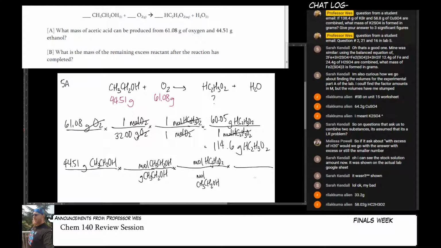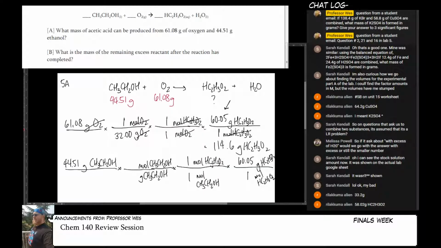And we'll turn that moles into grams of acetic acid. And then we'll just go and run all the numbers. So this is still 60.05 because it's the same as before. It should be a 1. This is 1 to 1 because all the coefficients in the equation are 1.